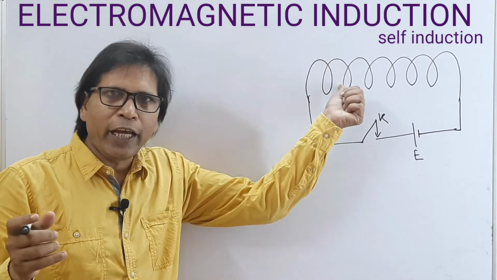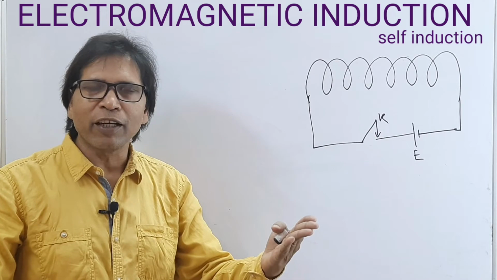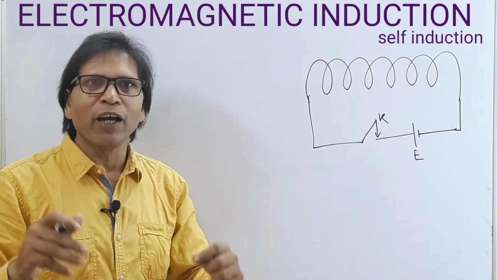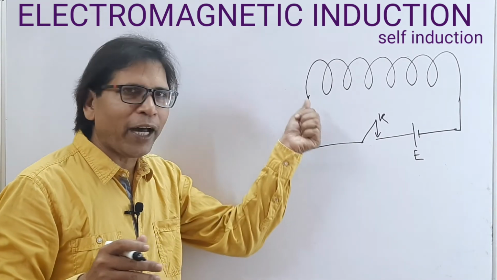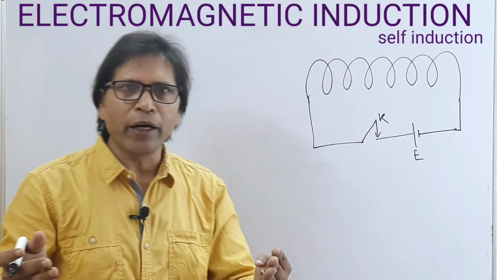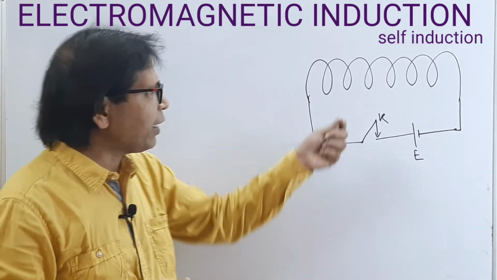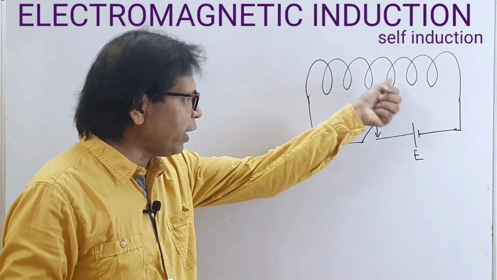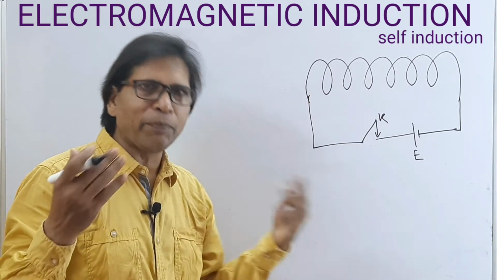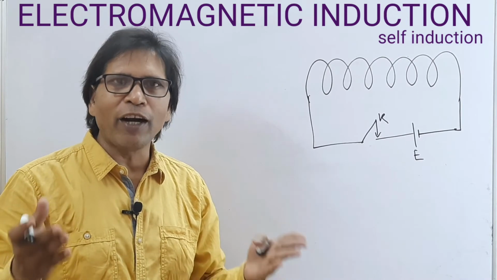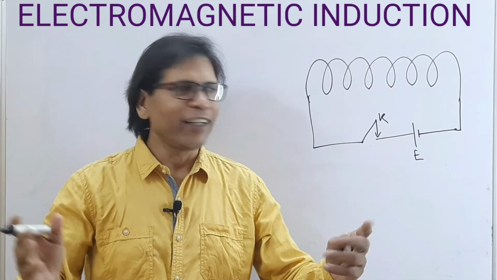This induced EMF opposes the cause by which it is produced. The cause is the increase of current, so more time is required to get the maximum value of current. As induction is produced in it due to current itself, that is why it is called self induction.